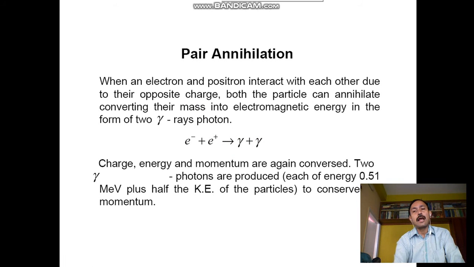Charge, energy and momentum are again conserved. The two gamma ray photons have each an energy of 0.51 MeV plus half the kinetic energy of the particles.